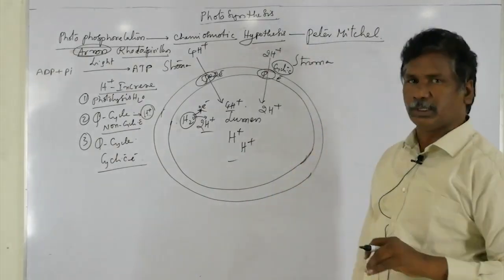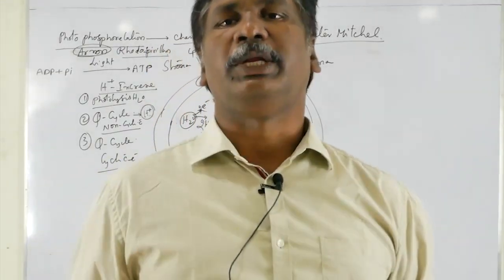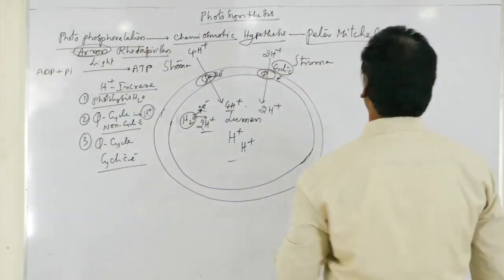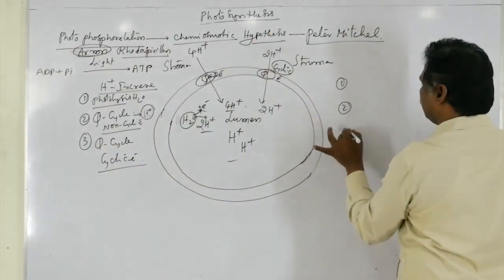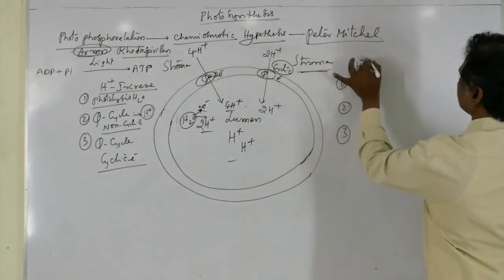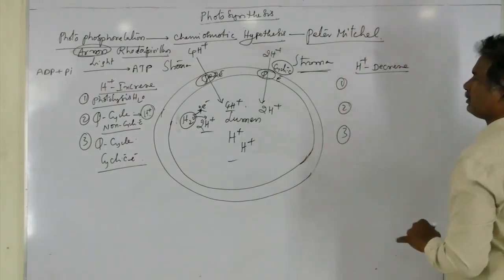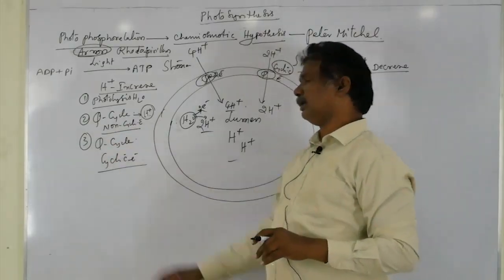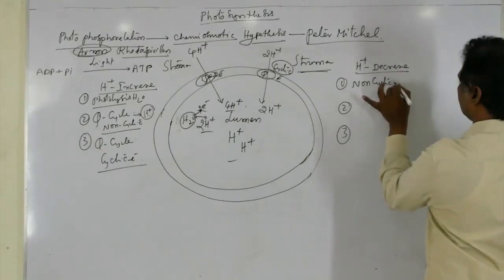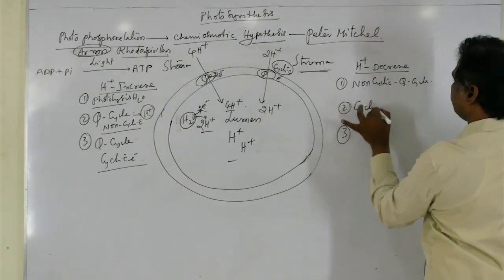Along with this, something else must also happen. When the proton concentration has increased in the lumen, the proton concentration in the stroma must decrease. How is it possible? There are also 3 important events decreasing the H plus concentration within the stroma. You already know these two very well: one is the non-cyclic Q cycle, and another is the cyclic Q cycle.